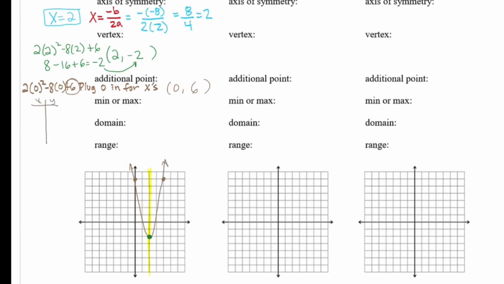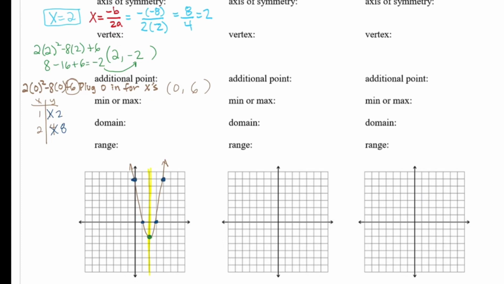We can also use our key points to find it. You don't have to do both, but just pick one of these ways. This is the second way. We have the points (1, 1) and (2, 4). Our A is 2, so we're going to double those y coordinates. So instead of going over 1, up 1, we go over 1, up 2, and reflect it across the axis of symmetry.